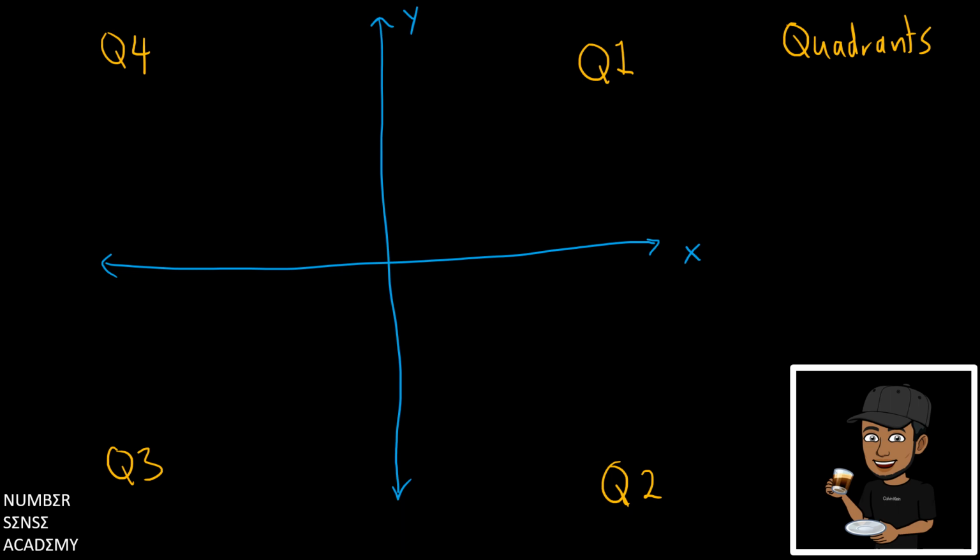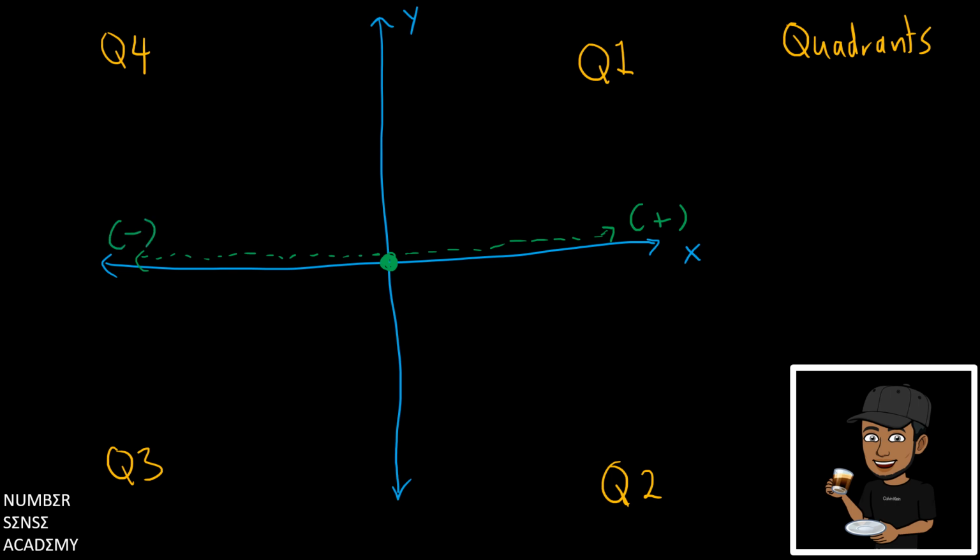When I start at the origin and I move to the right in the direction of x, these are all positive values. Okay? But if I move to the left of the origin in the direction of x, these are all negative values.